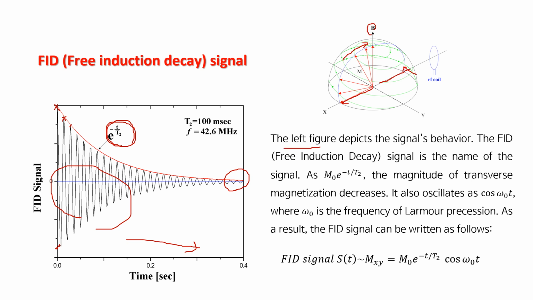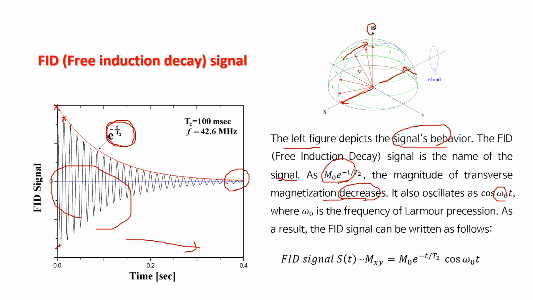The left figure depicts the signal's behavior. The FID, free induction decay signal, is the name of this signal. As M0 exponential minus t over T2, the magnitude of the transverse magnetization decreases. It also oscillates as cosine omega 0 t, so the magnetization vector does the precession motion.